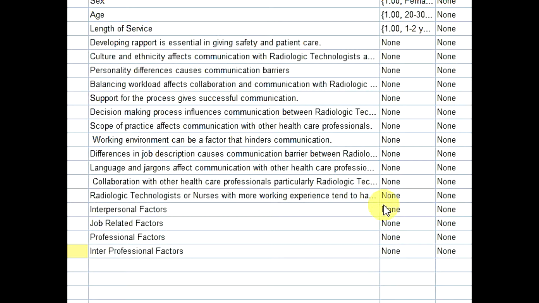But you look at reliability so that you know that there's nothing wrong with, for example, the direction of your questions. So that when you code a positively worded question, it should be consistent.